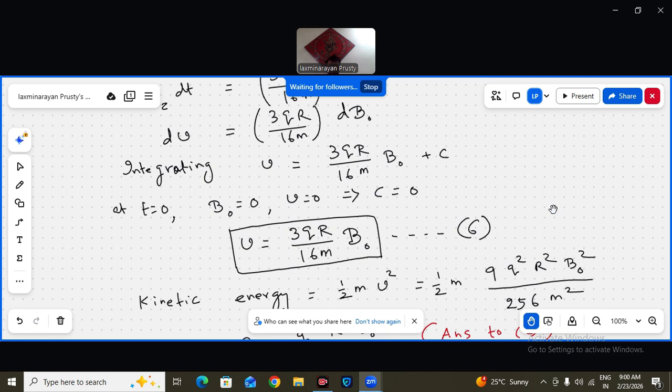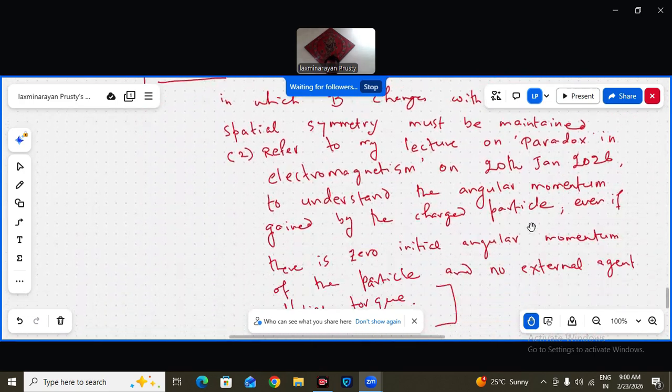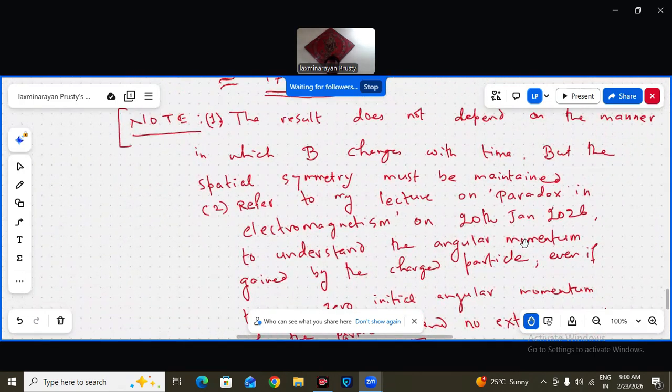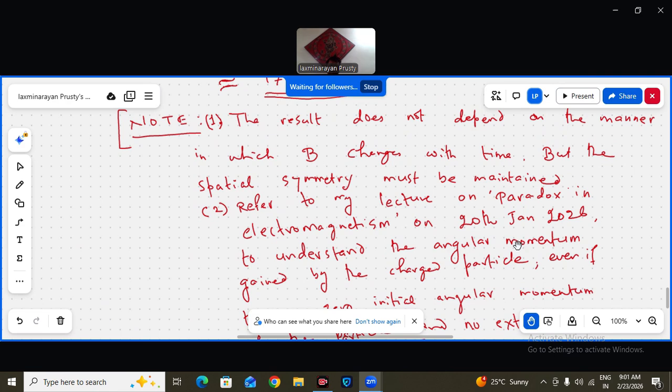I switch on the magnetic field, then I suddenly switch it off. So finally, this change will be delta B naught, delta B naught becomes 0. So V will become 0. It will gain speed and again suddenly become 0. Okay. If I switch this off, that also confirms your conservation of angular momentum, provided you consider the angular momentum stored in the electromagnetic field as well as in the mechanical system.